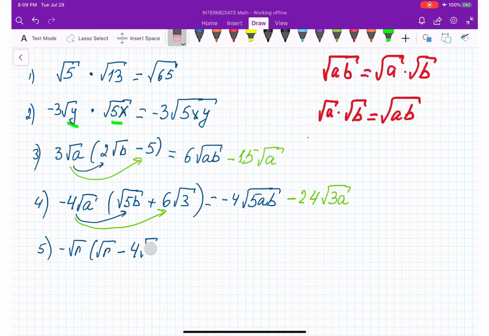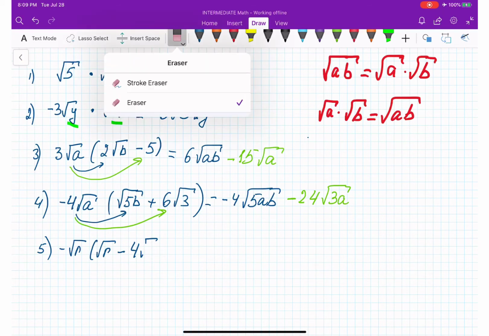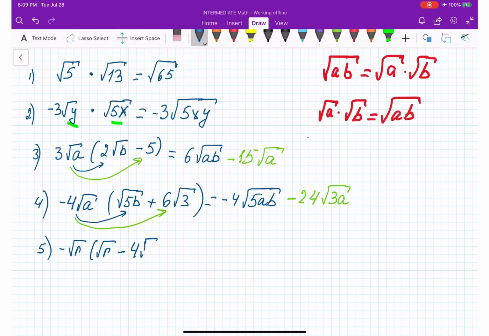Okay. So what do we get? Negative square root r times square root r is going to be negative square root of r times r, which is going to be r squared, yes?